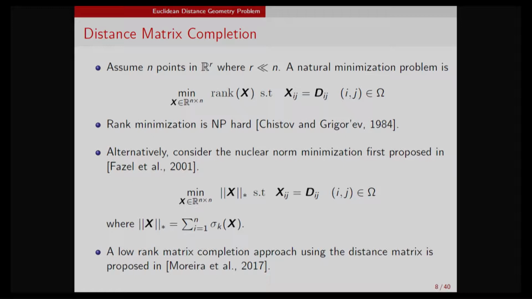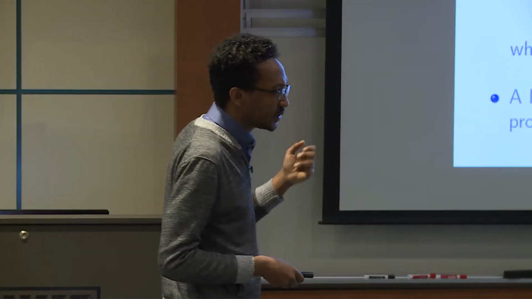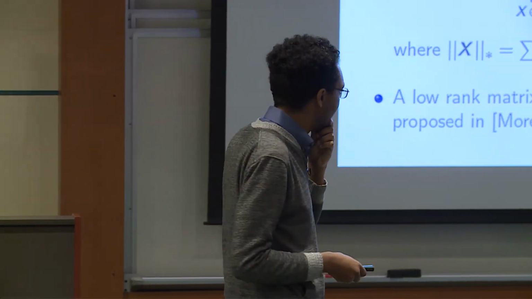But this rank minimization problem is NP hard. So a work by Fazel, proposed in his PhD thesis, replaces the rank by a convex relaxation, the nuclear norm minimization. I'll give some motivation later on for why this is a good heuristic.